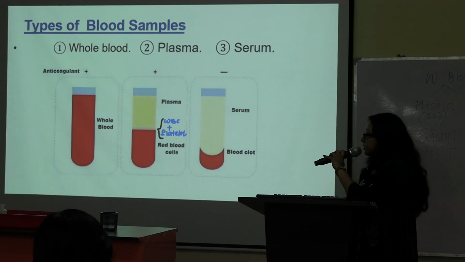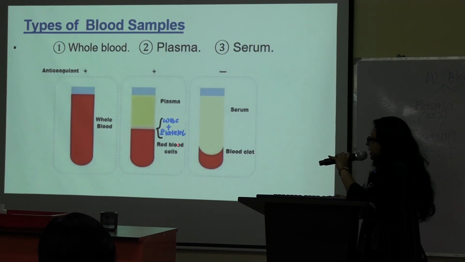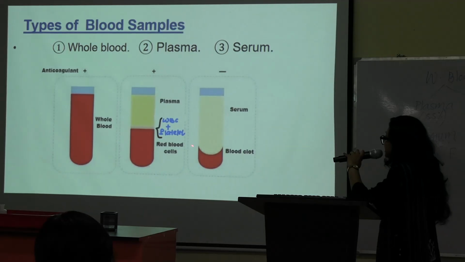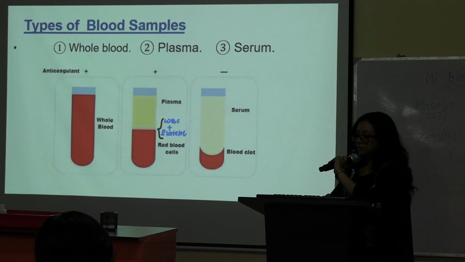Remember, it is a very important point for your viva. What is buffy coat? It consists of WBC and platelet. Now, as you can see, this is serum and blood clot, which doesn't contain any anticoagulant.